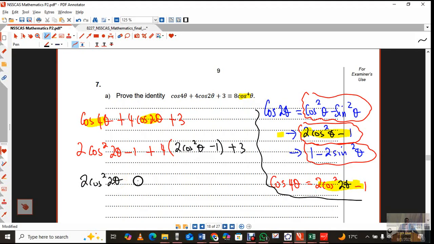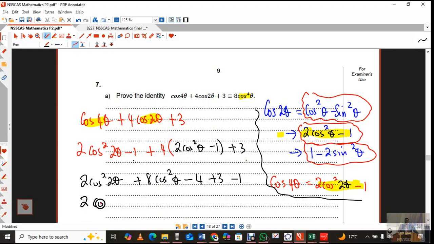Let's say plus 8 cos square theta minus 4, plus 3 minus 1. I wanted all the numbers to be on one side.